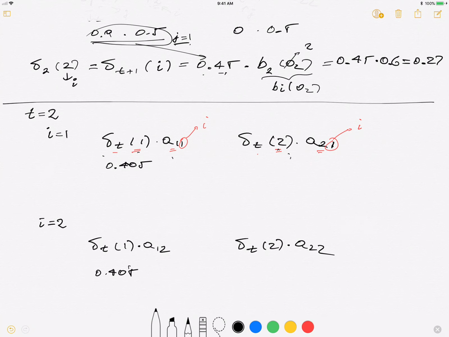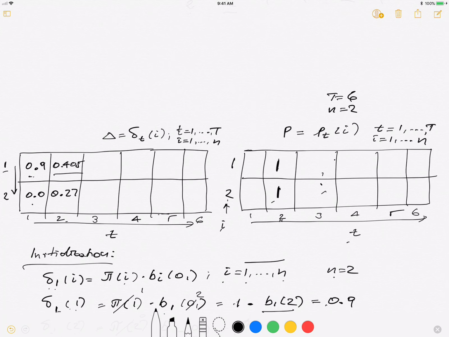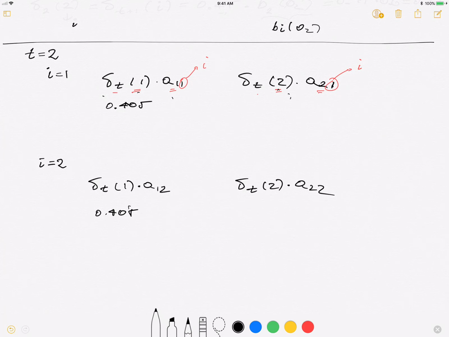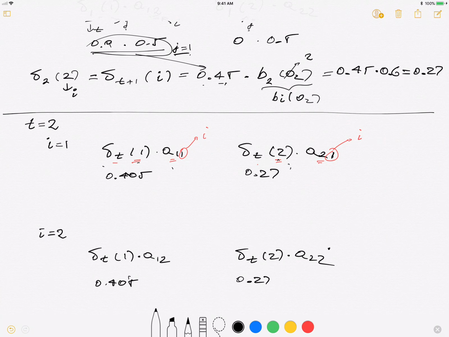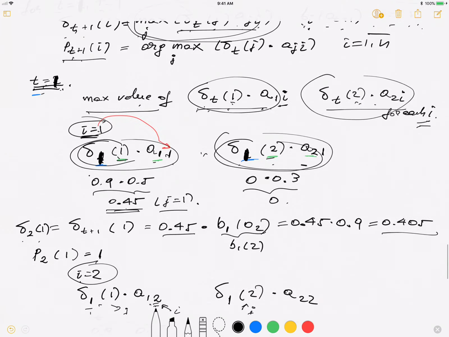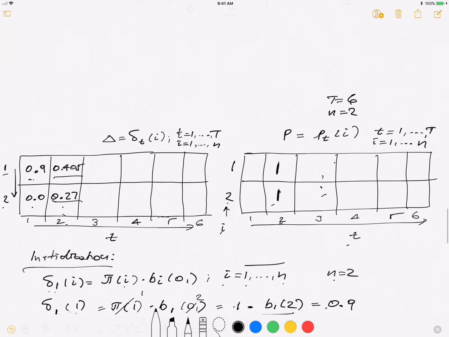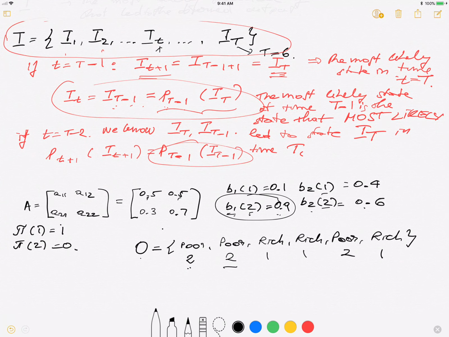Delta T2 is delta 22, which is 0.27. A11, A21, A12, A22: 0.5, 0.3, 0.5, 0.7.